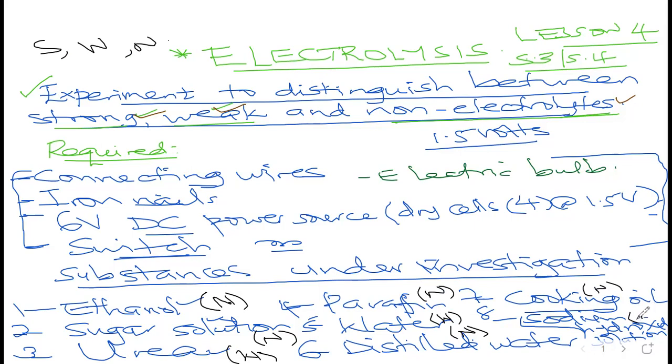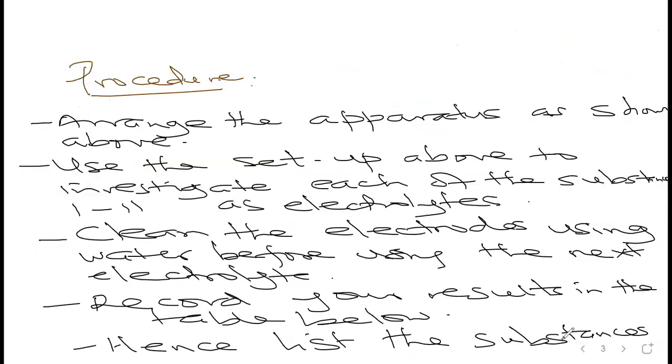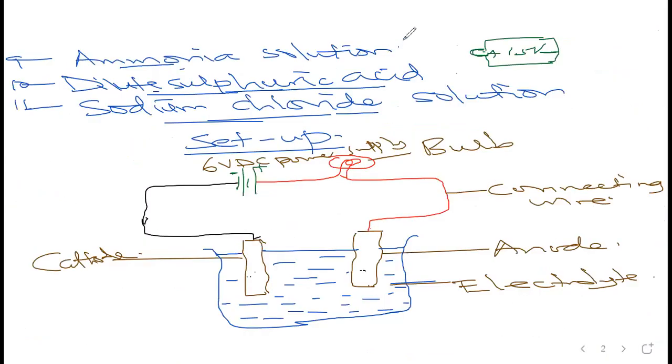Sodium hydroxide, strong electrolyte. We find out that ammonia solution is a weak electrolyte. Sulfuric acid is a strong electrolyte. Sodium chloride is a strong electrolyte. Here, ladies and gentlemen, that's the experiment we can use to classify electrolytes as strong, weak, or non-electrolytes.